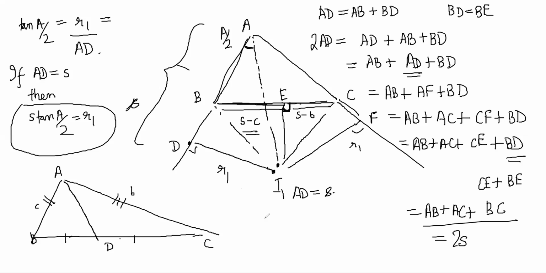Draw a proper figure just like I have done, and after that you know so many properties. You know that this angle is A by 2, this angle is A by 2. You know this much distance is S minus C, this much is S minus B, and this whole distance is S. And this is perpendicular. So after that it's about choosing some particular triangle and finding out whatever you need to find out, right?